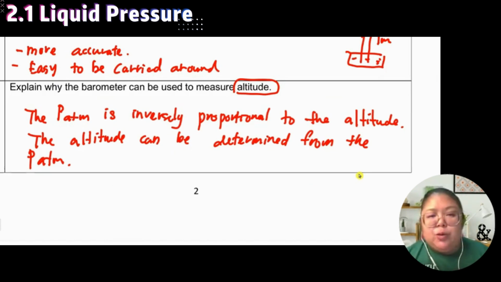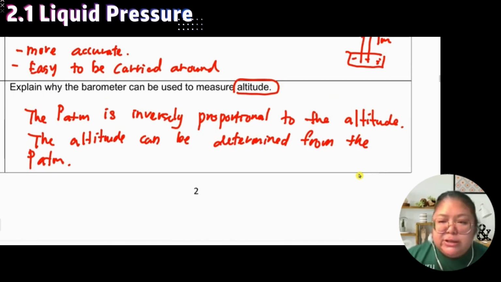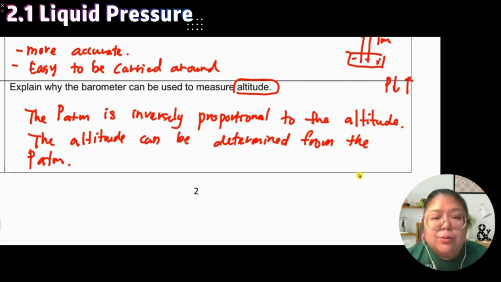Why can we use a barometer to measure height? Because it is inversely proportional to the atmospheric pressure. The higher the altitude, the lower the pressure. So we can use this barometer to measure how high the mountain is. Because we know the pressure, we can use H-rho-G to find the height. So the atmospheric pressure is inversely proportional to the altitude, so the altitude can be determined from the atmospheric pressure.